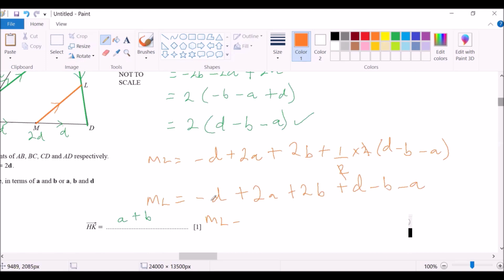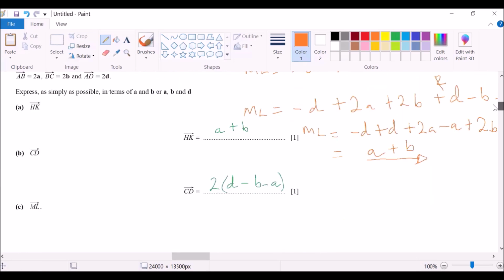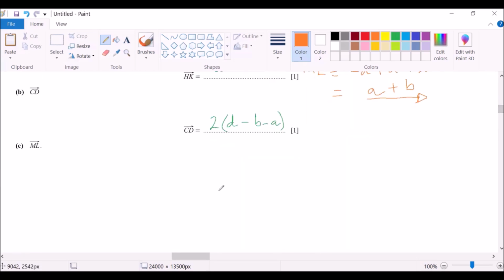ML is equal to minus d plus d, plus 2a minus a, plus 2b minus b. Minus d plus d cancels out. 2a minus a is a, 2b minus b is plus b. So our final answer is a plus b. So ML becomes a plus b.